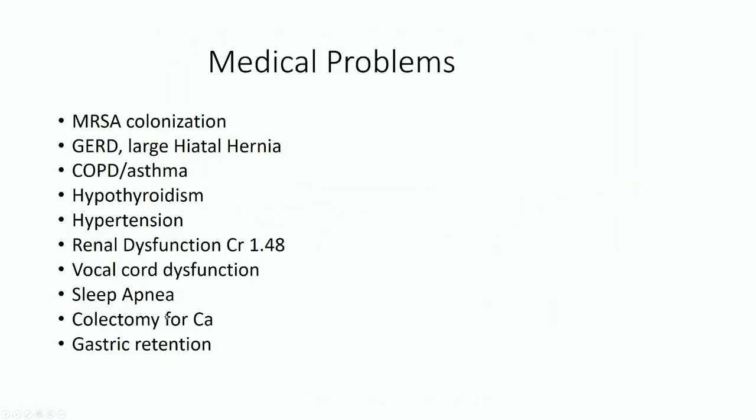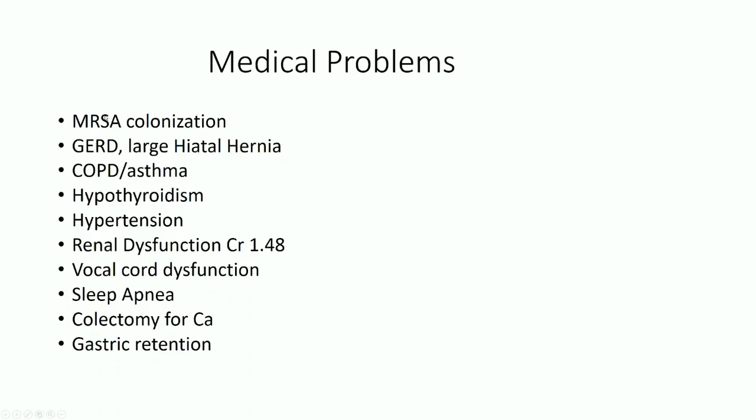So let's see what her medical problems are in addition, because it's a gestalt. As cardiologists, we are internists. We're trained in internal medicine to start with. So we've got to understand each patient is all of this coming together at one time. So, well, she's got MRSA colonization. She's an ARNP.